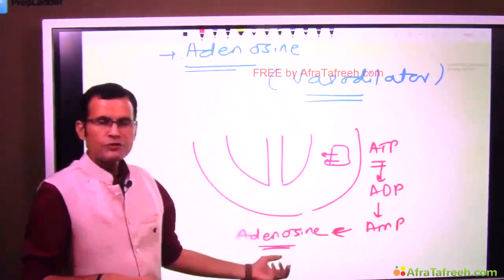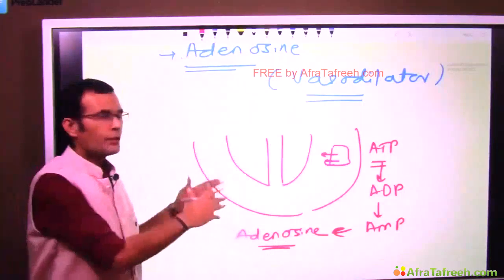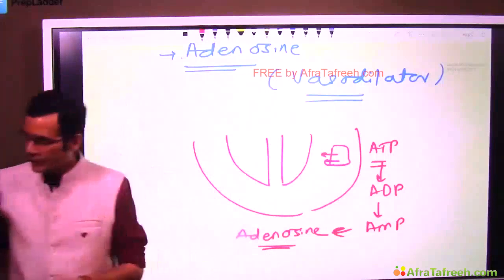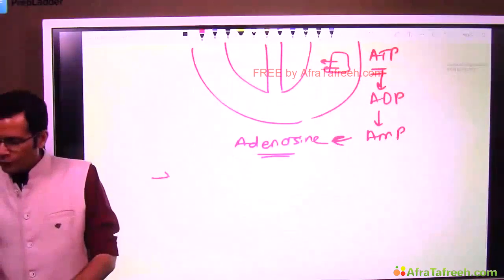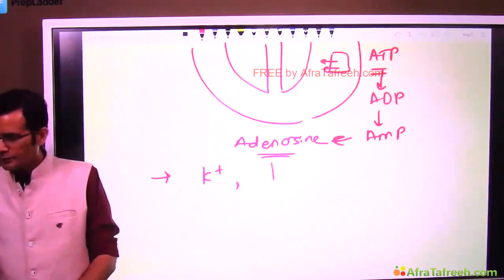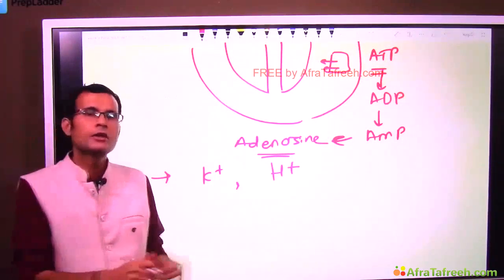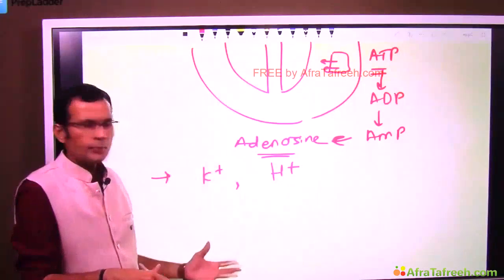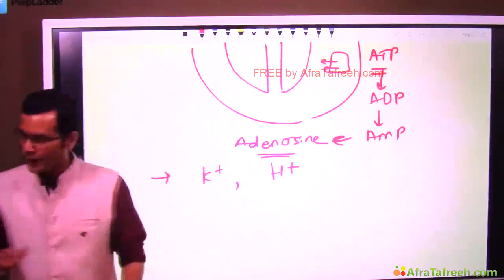There will be dilation of the vessels so that the blood flow can be increased. That was the demand basically of the myocardial cells. Apart from that, of course, there are K plus ions, H plus ions. So these two also can increase or regulate the blood flow to the myocardium.